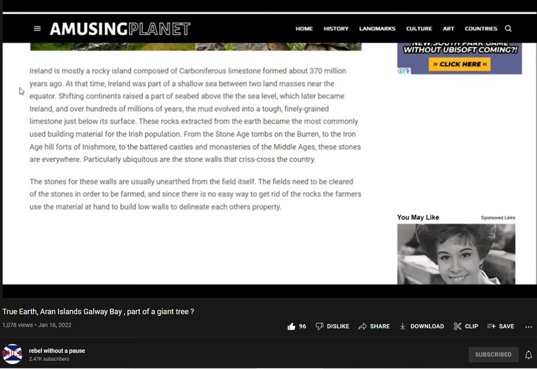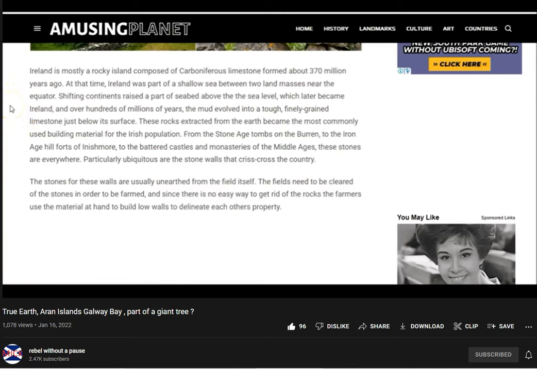At that time, Ireland was part of a shallow sea between two land masses near the equator. Really. Shifting continents raised a part of the seabed above the sea level, which later became Ireland, and over hundreds of millions of years, the mud evolved into a tough, finely grained limestone just below its surface.